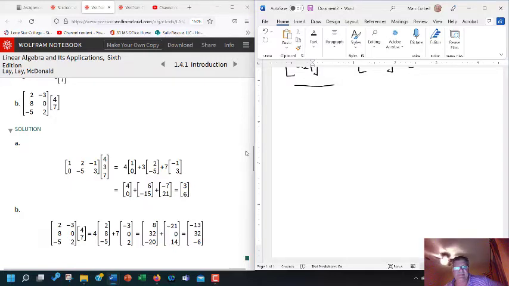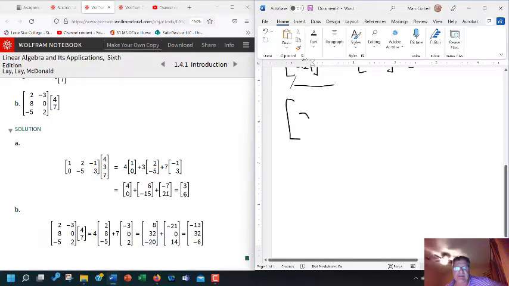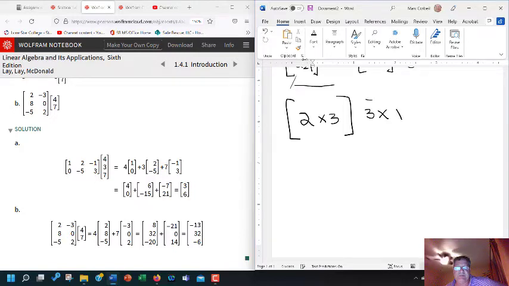I might make a note of that when you look at that particular example. This is an important feature of it: this matrix is 2 rows and 3 columns, and it's being multiplied by 3 rows times 1 column, that tall bit. And you notice when you multiply it like that, that the inner parts match. When you're multiplying two vectors or matrices, you have to have those inner parts match.